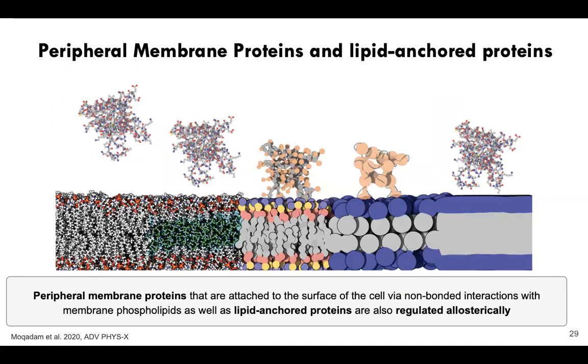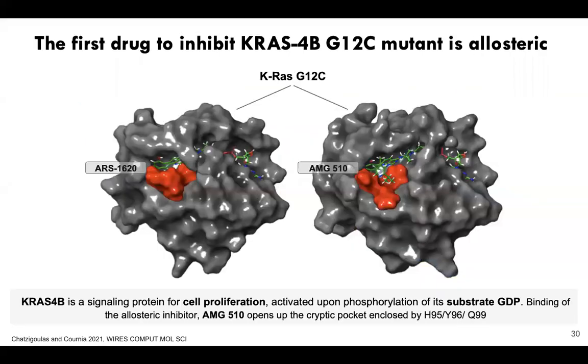And a topic, some classes of proteins that are very close to the interest of my lab are peripheral membrane proteins and lipid-anchored proteins. And actually, the first drug to ever target KRAS, which has been the holy grail, and nobody could actually develop a drug for that, the first drug that was marketed in May of 2021, was a KRAS-4B G12C mutant allosteric inhibitor.